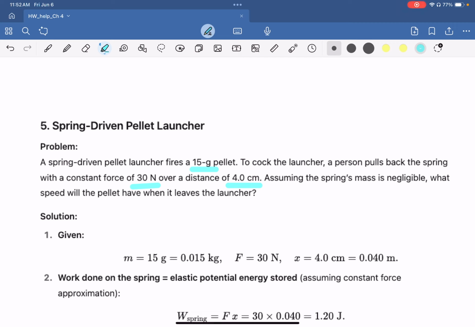See, there's a danger there. Centimeter is never used. We have to change it into meters. Anyway, you apply this force and cock it through that distance in meters. You're doing work, are you not? First, we have to find that work.